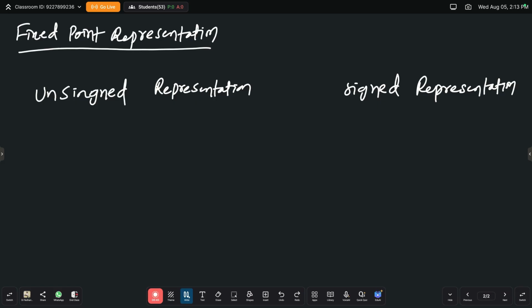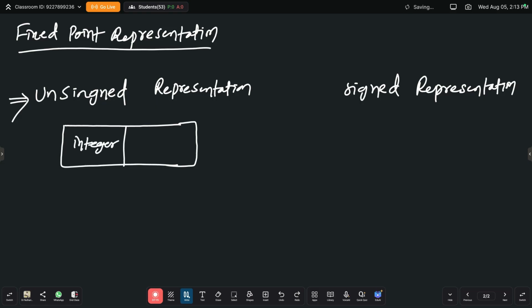If you are giving input and you have not mentioned any sign for that particular number, then you can consider the unsigned representation of fixed point representation. The point should be fixed. The syntax for unsigned representation is: before the point is the integer part, and after the point is the fraction part. So what is signed representation?